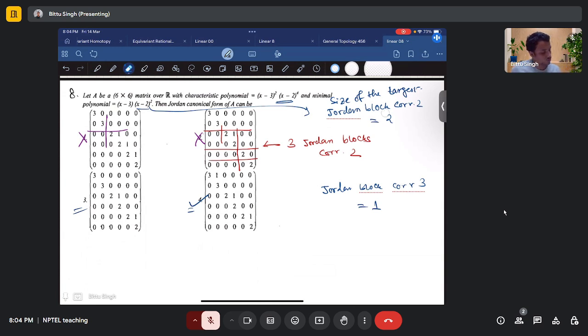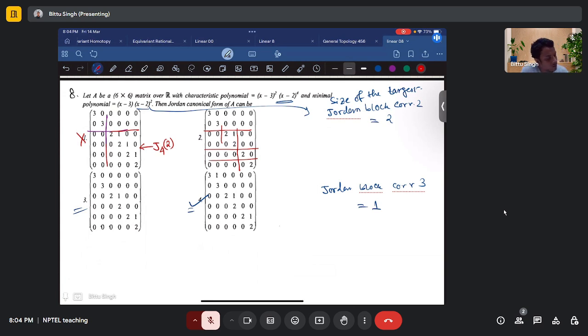The size of the largest block is 2. So here the largest block is actually 2. So there is no contradiction up to this. For option 1 we are getting a contradiction, right? Because the size of this Jordan block is 4, J4 of 2, so that's why this is not 2.